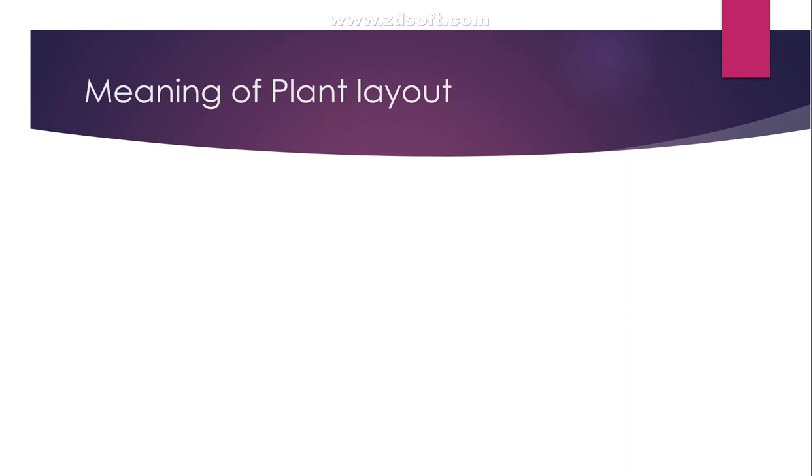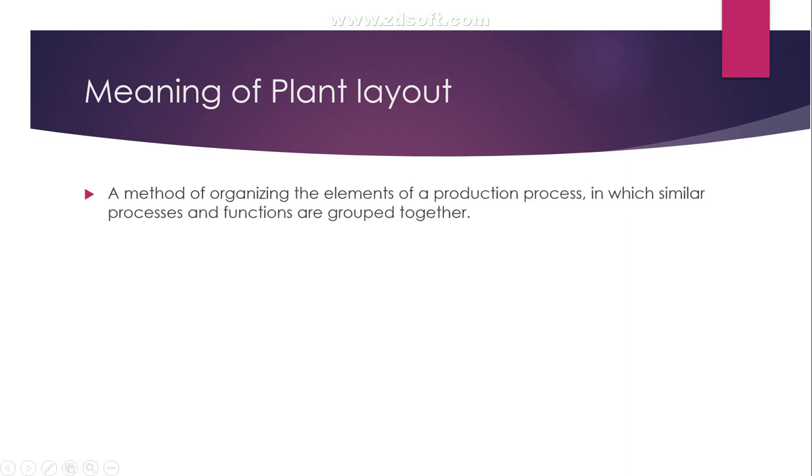Okay, so let's see what plant layout is. It is a method of organizing the elements of a production process in which similar processes and functions are grouped together. It is simple: it is organizing the elements of the production process. In any production process, there are multiple activities or elements involved.